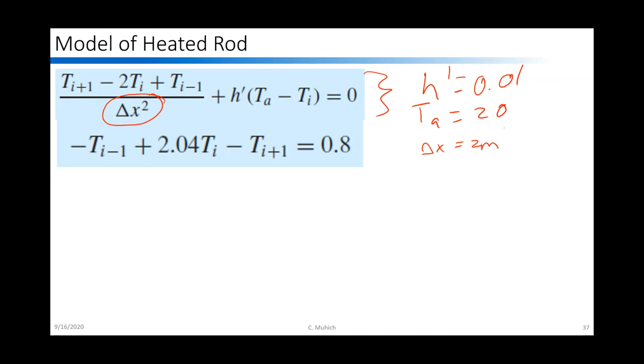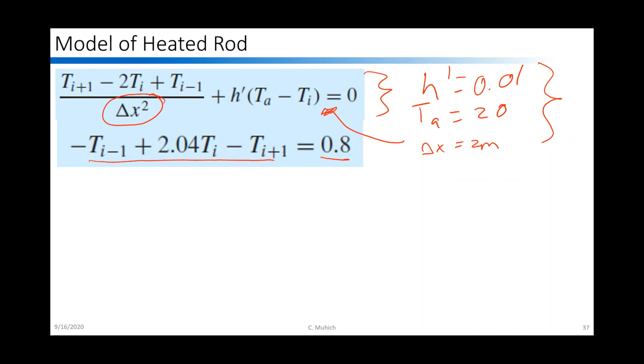I can take these constants, plug them into that top equation, and rearrange to isolate all the constants on the right, in this case 0.8 for the interior points, and all of the different T's on the left, to put this into this variable type form.